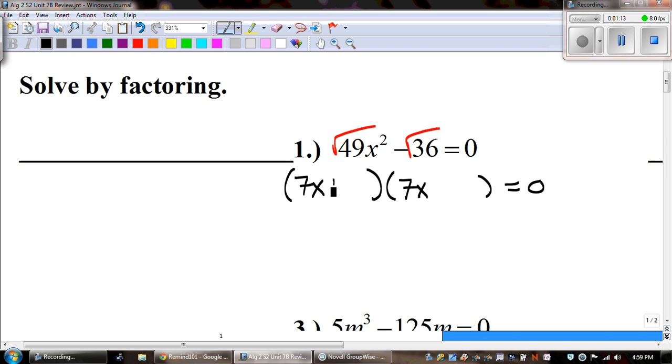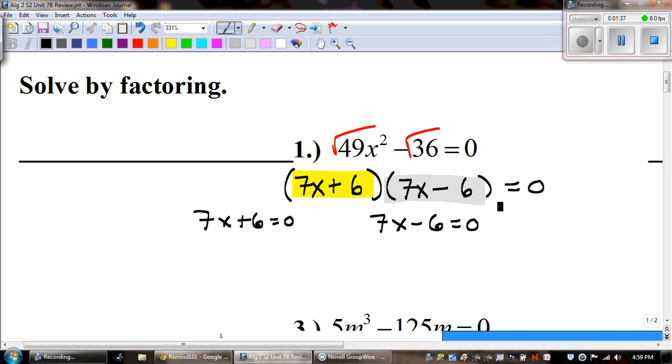And then remember, one's a plus and one's a minus. And then the square root of 36 is 6. Now, everything that has a variable, we set equal to 0. So we have 7x plus 6 equal to 0, and 7x minus 6 equal to 0.